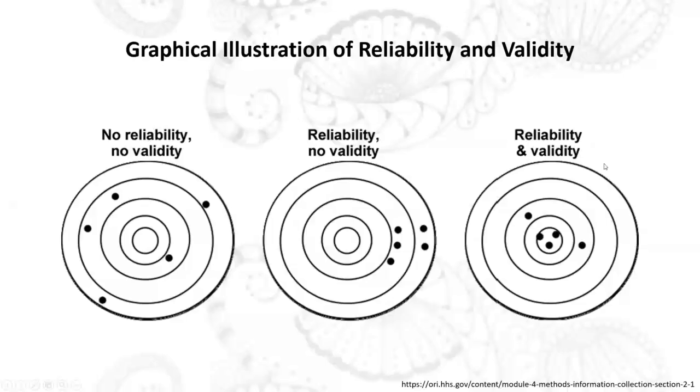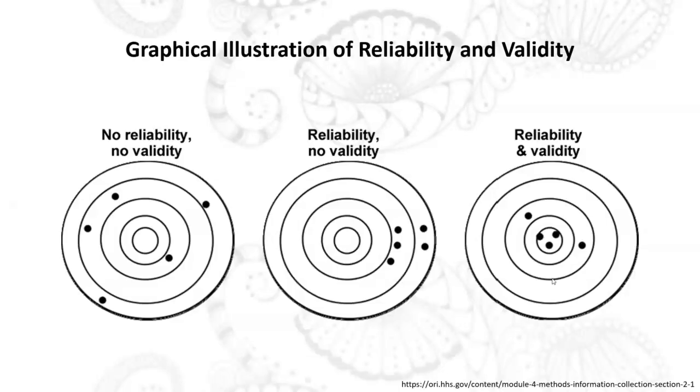And the last one is valid and reliable because each time the dark spot is focused on nearly the central part, and even though some dots are a bit away from the center, they are still within that area. So we say it is valid and reliable.